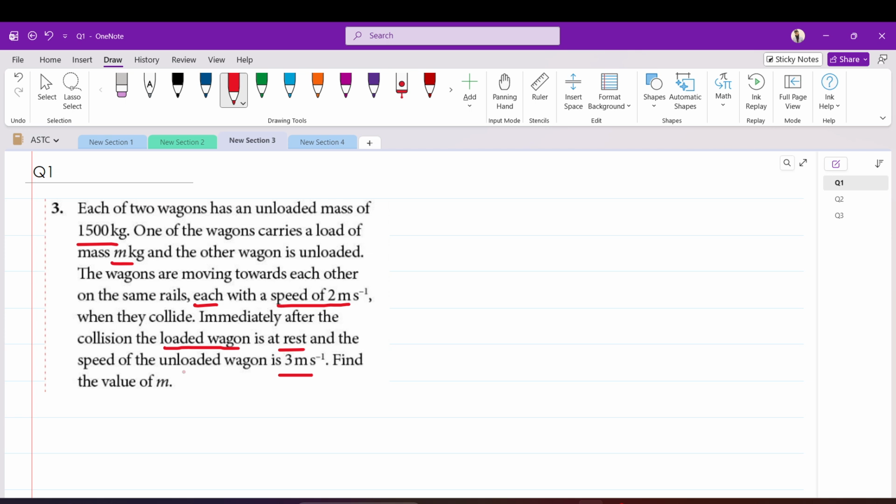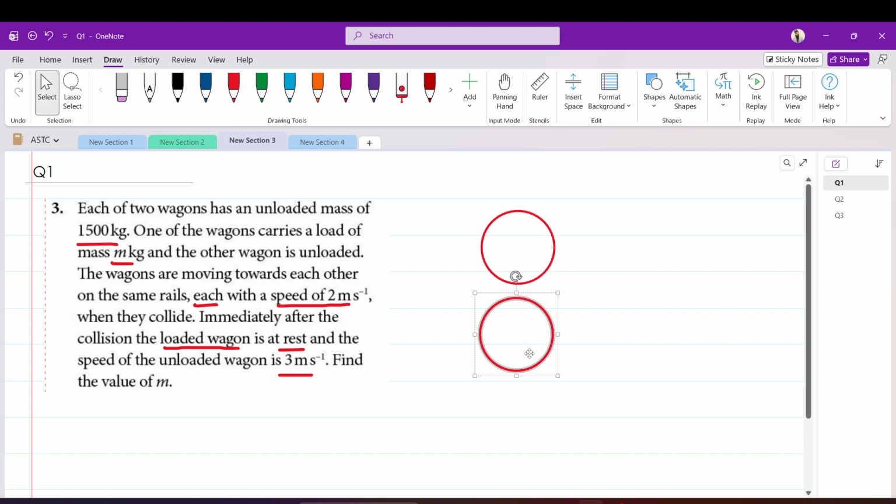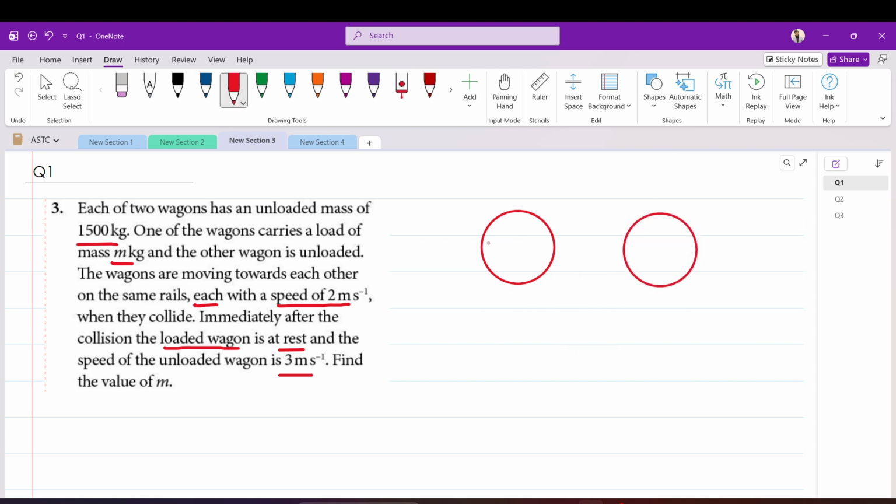All right, so let's say that if we draw a wagon. Let's say that this is the loaded wagon. So the mass of this will be 1500 plus m kg, because it is also carrying some load of mass m kg.